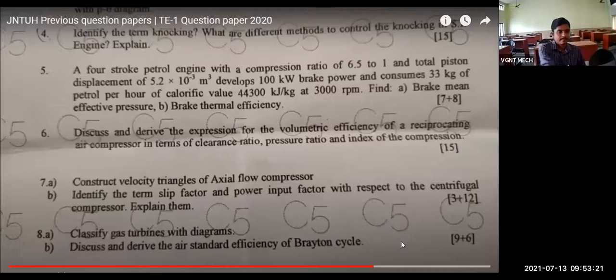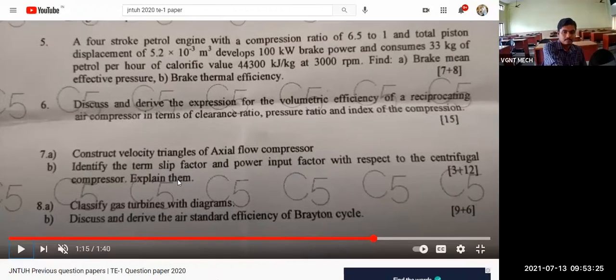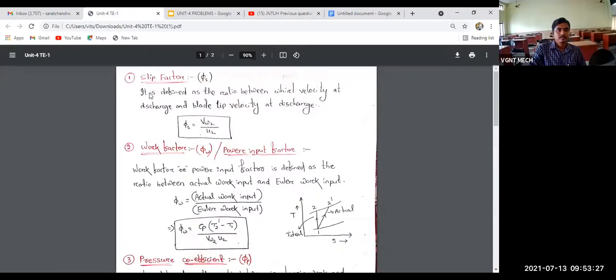That's why I am giving this formula to remember all these things. Okay, so this is the formula of slip factor, and this is the formula of power input factor or work factor. Okay, only this much you have to write, and you must draw the diagram.